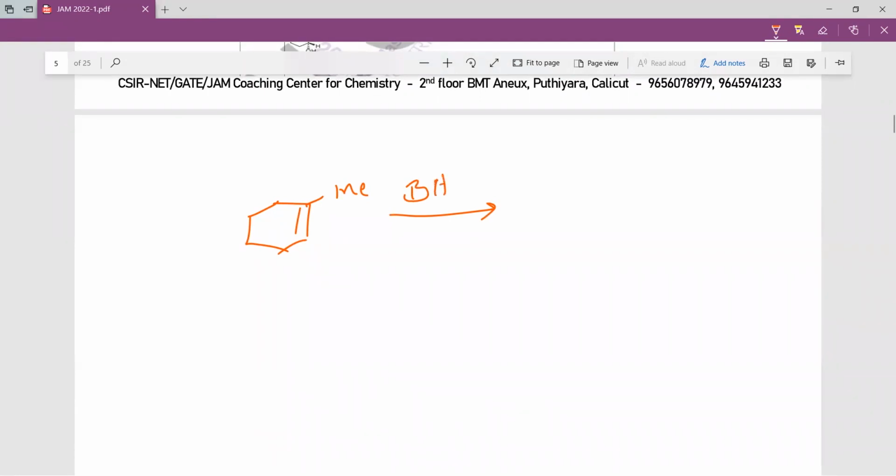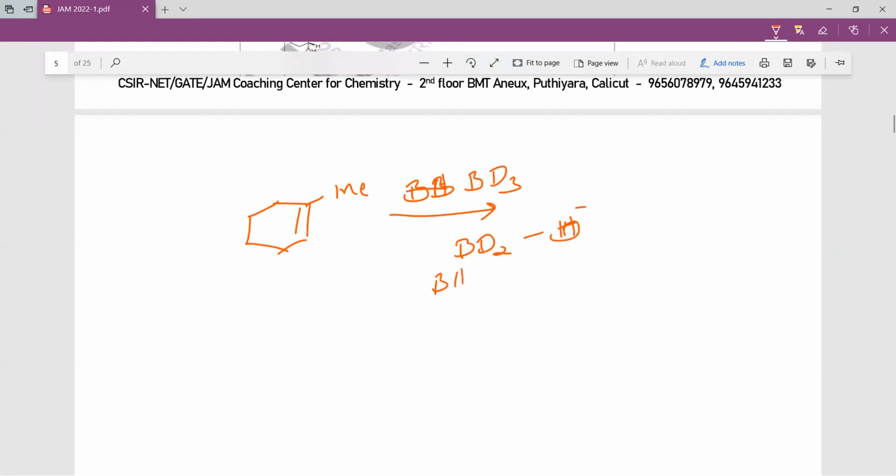If we use BD3, it's hydroboration of the double bond. Actually, hydroboration is a syn addition, but the product will be the anti-Markovnikov product because BD3 will split into BD2 plus and D minus. That is how it splits.